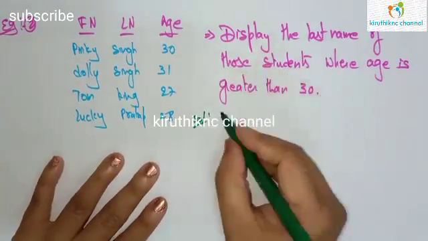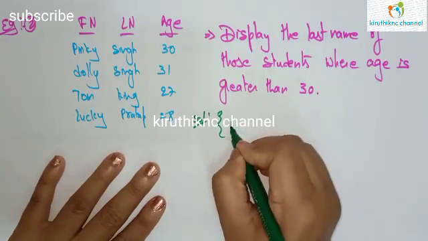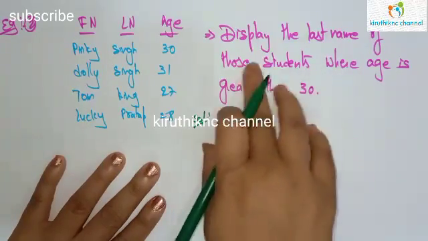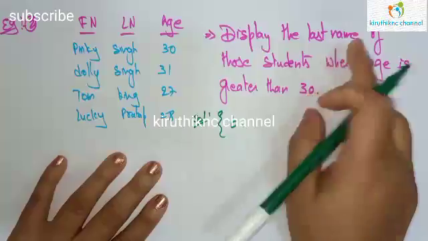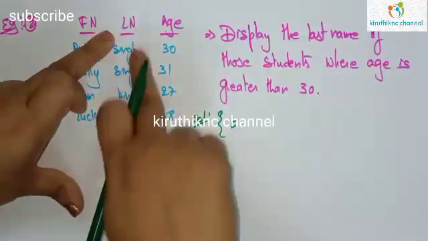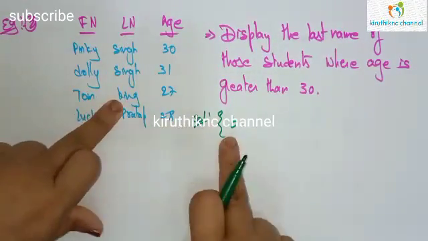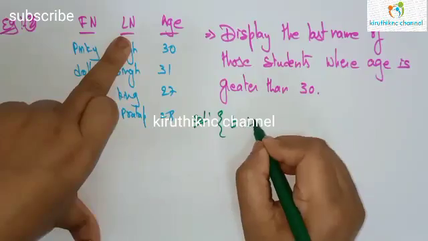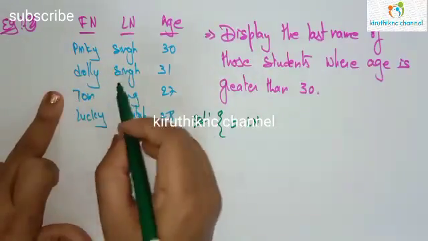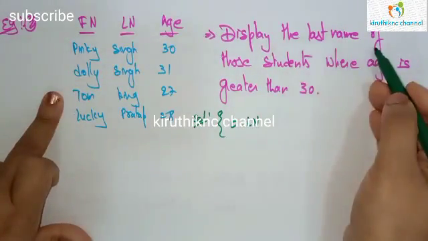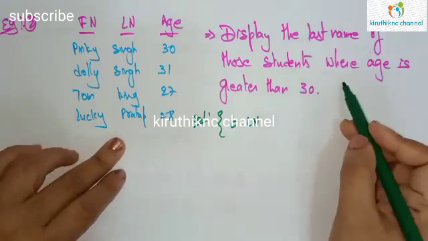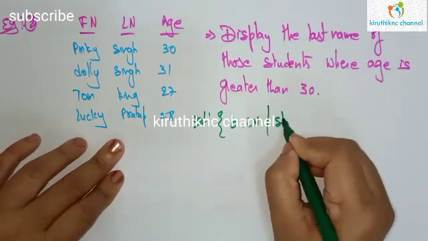I want to display the last name. Last name is a column name, so one tuple I have to get: T.last name. I want a particular row where the last name of those students is displayed. Student is the table name.